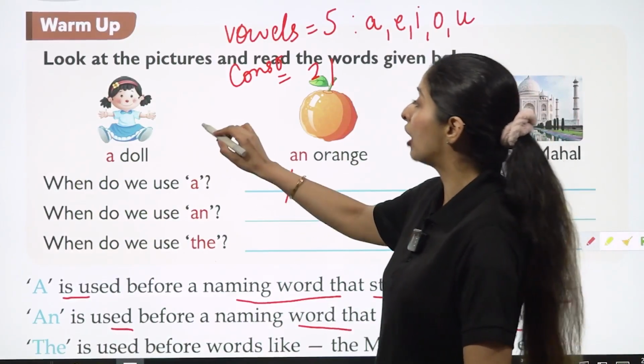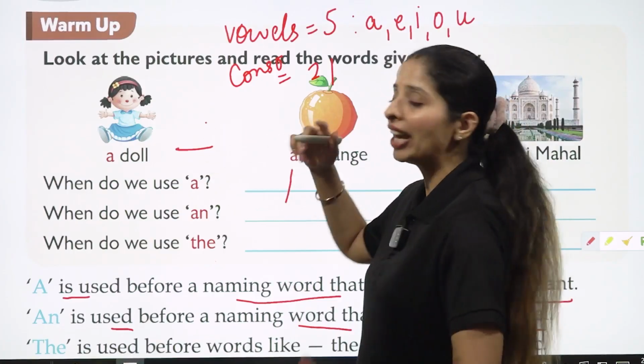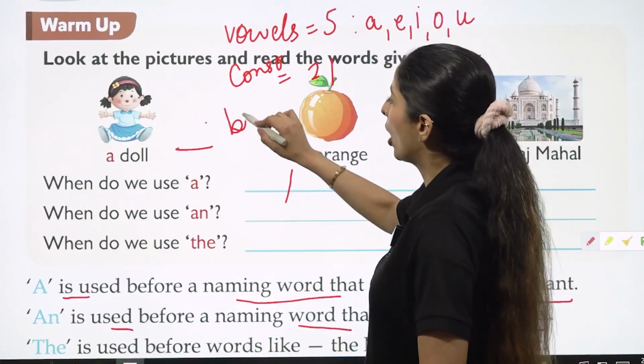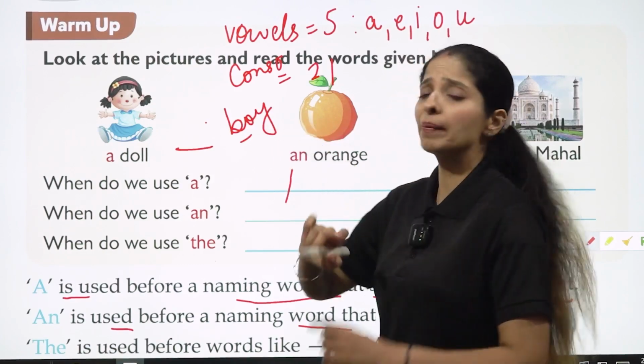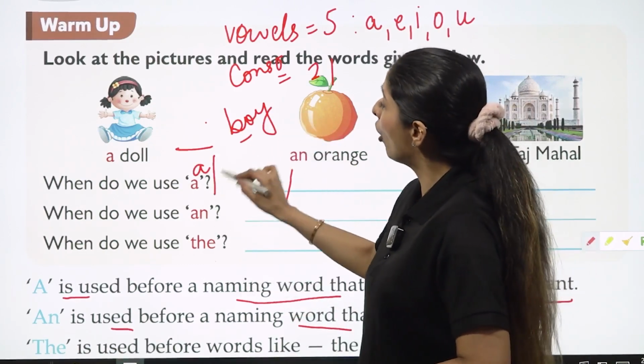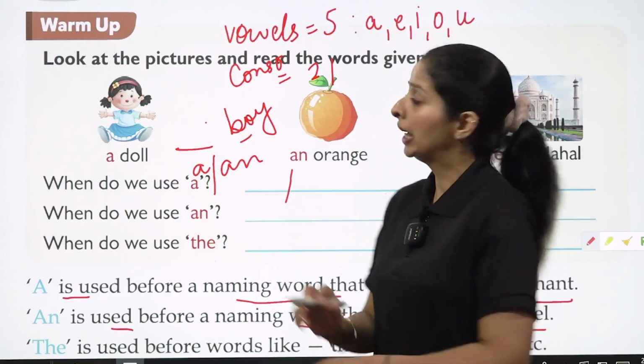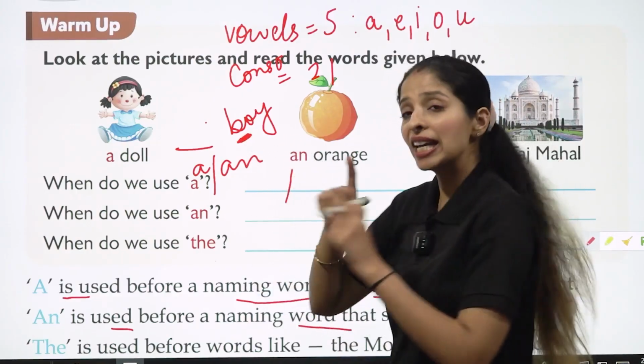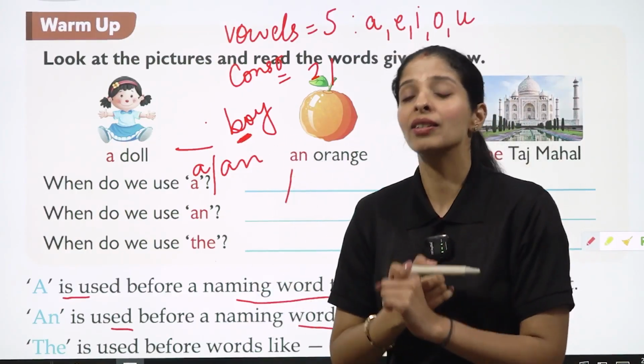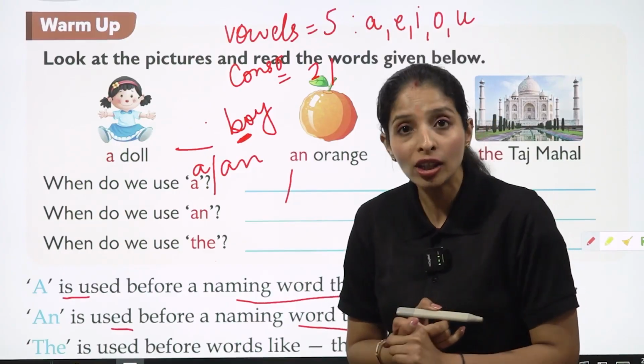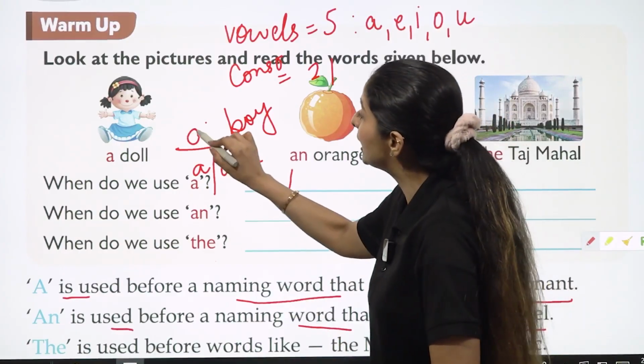For example, I'll give you a very simple example. Boy: is it a boy or an boy? Here, B is a vowel or consonant? B is a consonant. So here we'll write a.